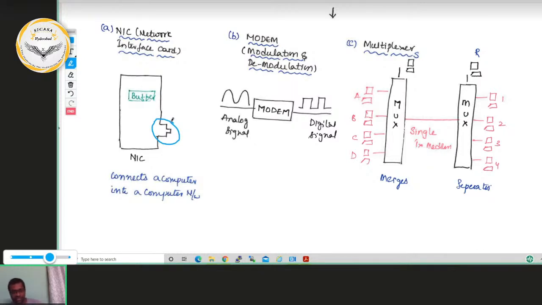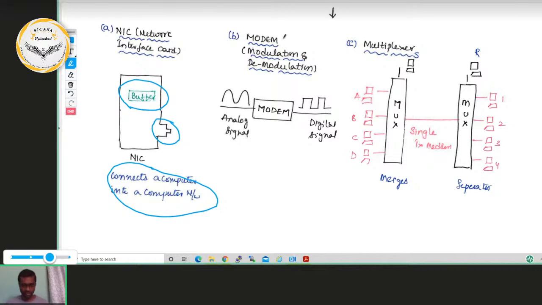Once you connect the internet wire, your personal computer will be connected to the network. The place where you connect a wire to a computer is called NIC. It consists of a buffer for storing the data temporarily. So NIC connects a computer into a computer network.